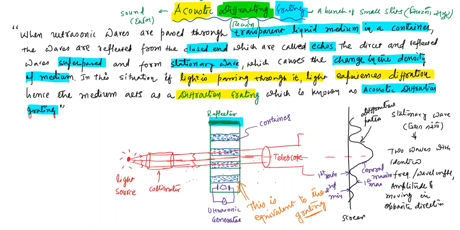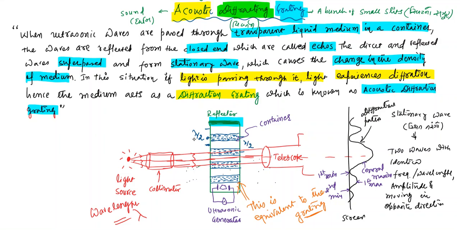So this is how the light waves are diffracted and we get the diffraction pattern here. Now suppose the wavelength of the light source is equal to lambda, and we know that the distance between two consecutive nodes or antinodes is lambda by 2.